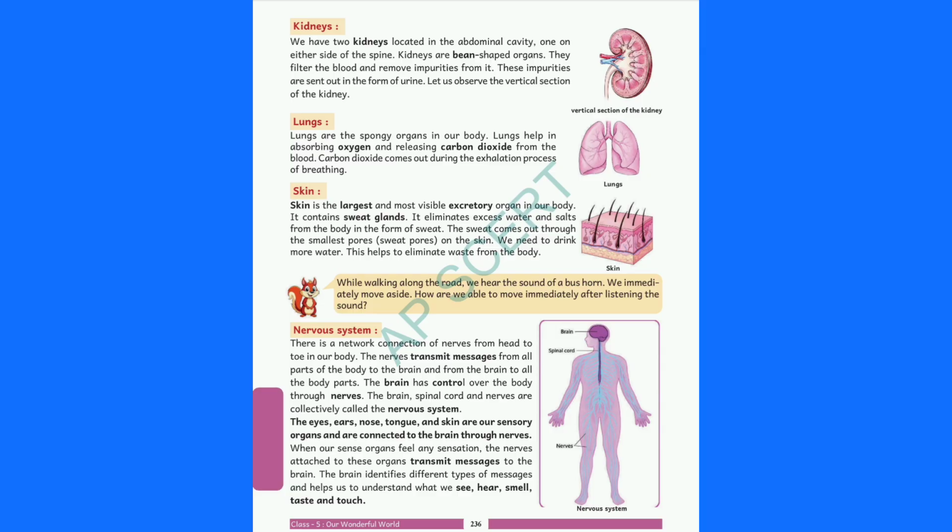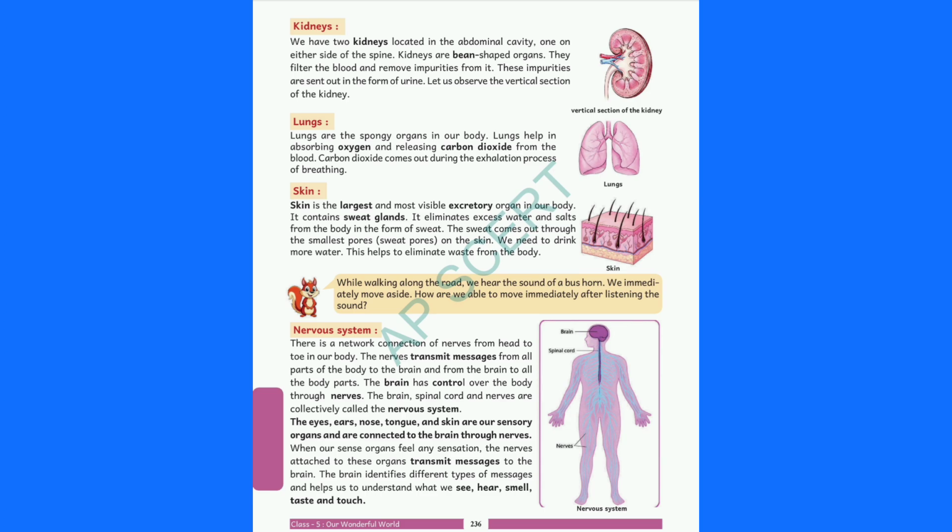The brain, spinal cord, and nerves are collectively called the nervous system. The eyes, ears, nose, tongue, and skin are our sensory organs, and are connected to the brain through nerves. When our sense organs feel any sensation, the nerves attached to these organs transmit messages to the brain.